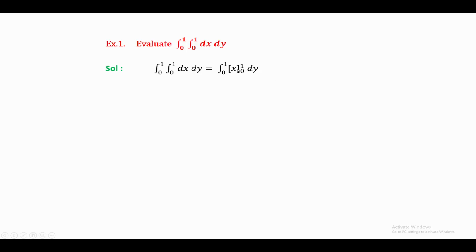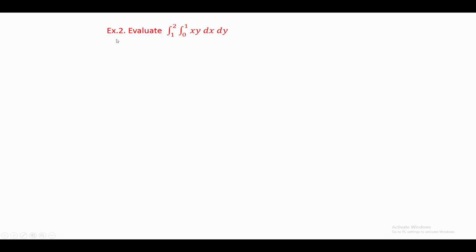Put x is 1, then x is 0, so 1 minus 0 is 1. So it equals the integration from 0 to 1 of dy, and the integration of dy is y, from 0 to 1, which is 1 minus 0 equals 1. The answer is 1.